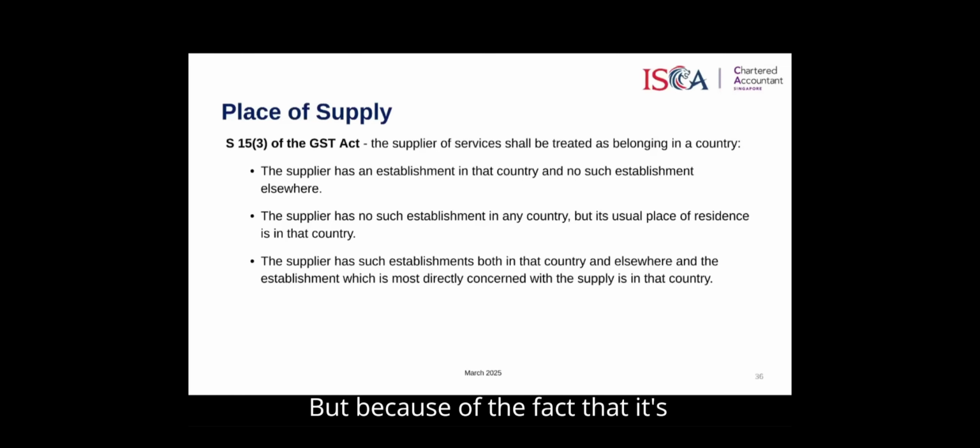But because of the fact that it's established in Singapore and most directly concerned with the supply that's being made, which is to you, because you are walking into McDonald's Singapore to purchase a McDonald's meal. In this case itself, McDonald's Singapore would be determined to have made the supply in Singapore, and the place of supply would be Singapore.